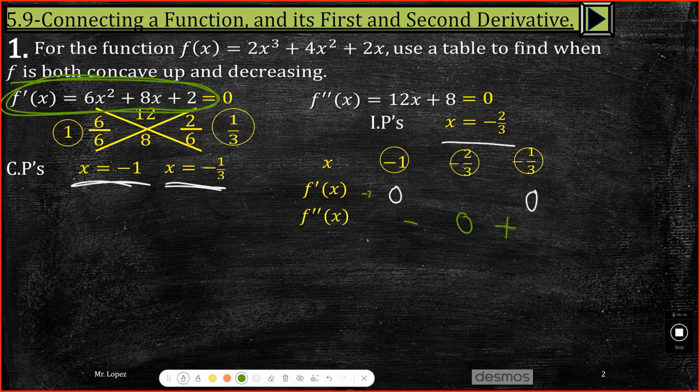It's quickly, this is way bigger than all this, and it's positive, so this one's positive. And then in between -1 and -1/3, we can go ahead and test -2/3 for this in the middle.